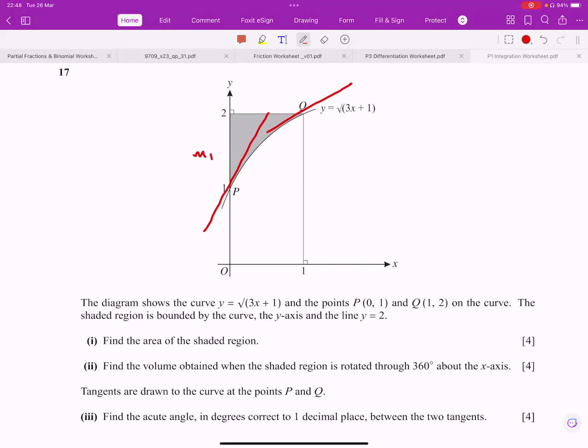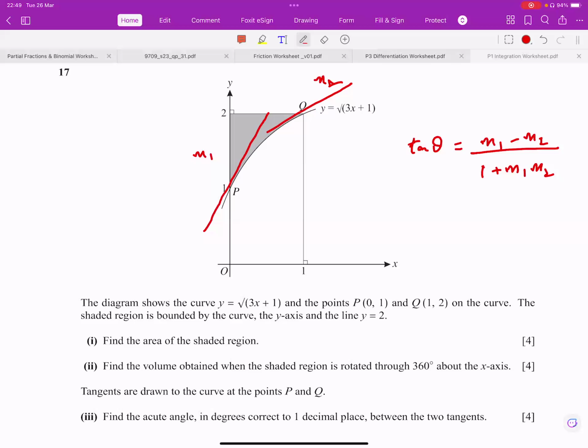Let's call the first gradient M1 and the second one M2. Remember that formula we did in coordinate geometry? Tan theta is equal to M1 minus M2 divided by 1 plus M1 times M2. You could use that formula.